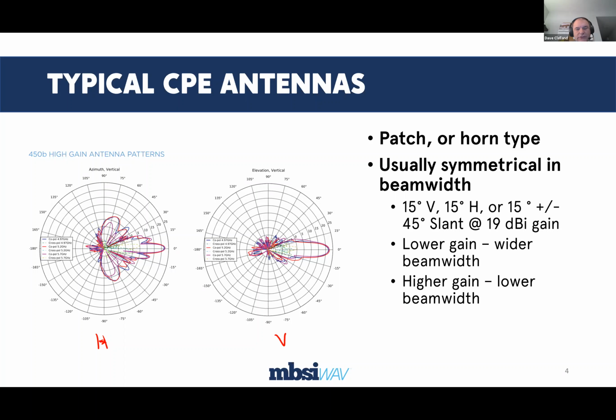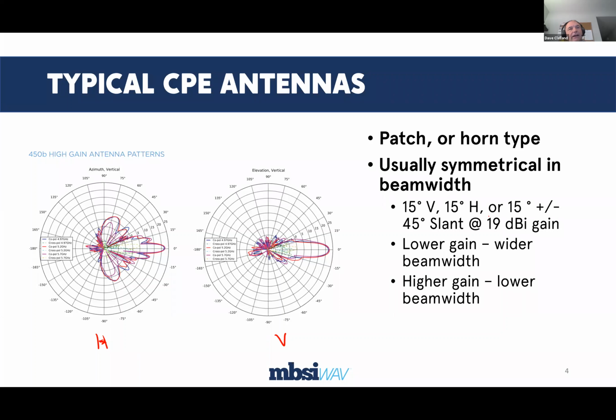We have some side lobes that are associated with this antenna, and those are due, of course, to the physical construction of the antenna. We see that we have no electrical tilt in this antenna, and we have 19 dBi gain typically in this antenna, although it might vary a little bit between frequency bands.